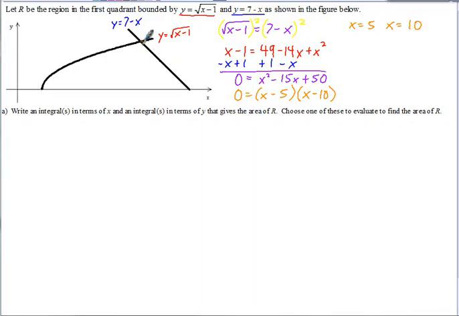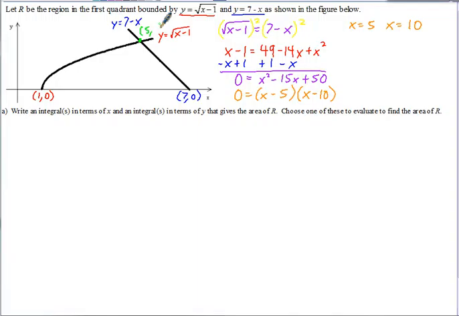To see which one logically makes sense, let's find these points here. Where this one equals 0, x equals 1, so this is the point (1, 0). And if you set this one equal to 0, x would have to be 7, so this is the point (7, 0). So the x coordinate has to be between 1 and 7, so it would have to be 5.